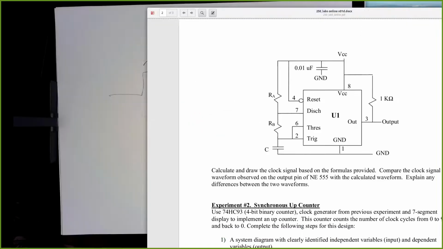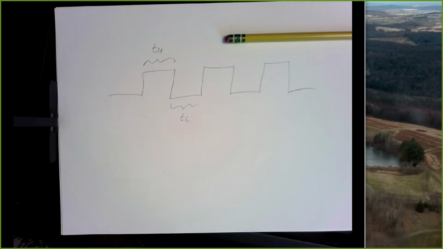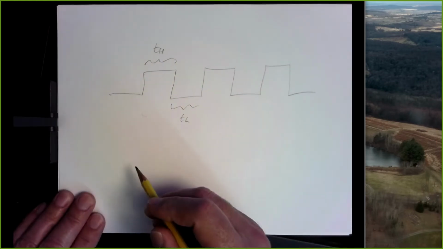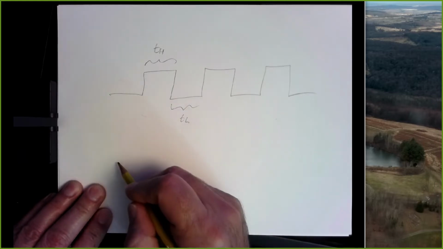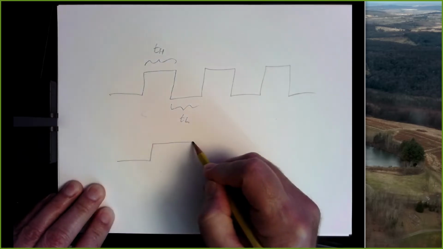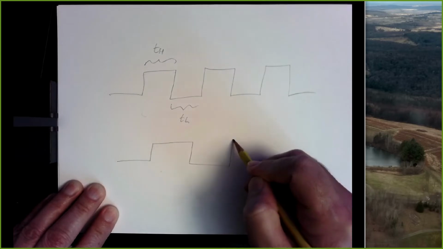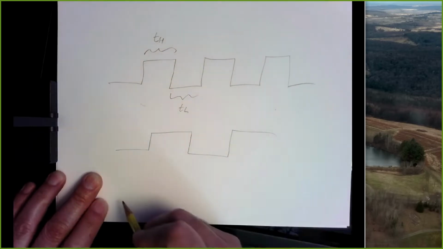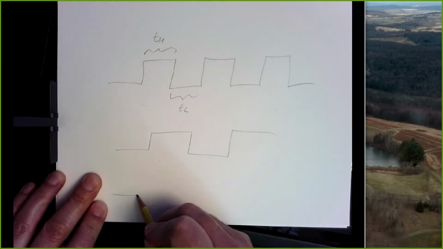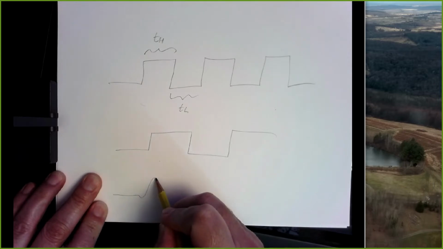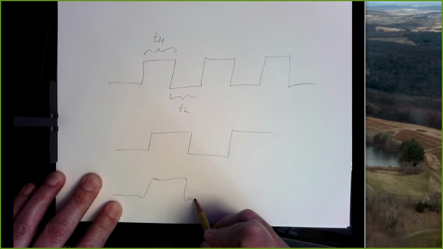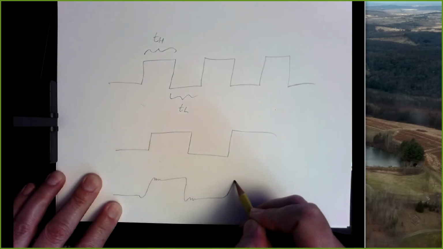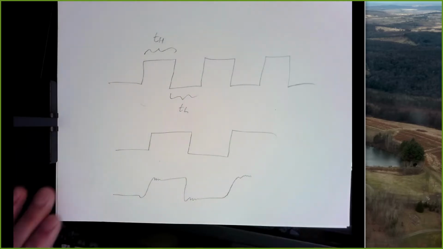The other purpose of that is, if you do this on a physical 555 and you look at it on an oscilloscope, you might be expecting a waveform that looks like this. But if you look at it closely enough, you would find that it actually looks like this. There are going to be all these imperfections.